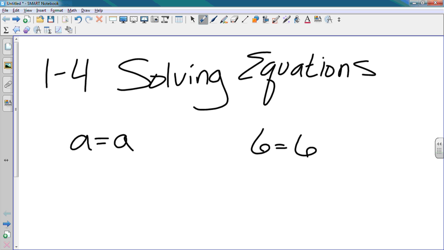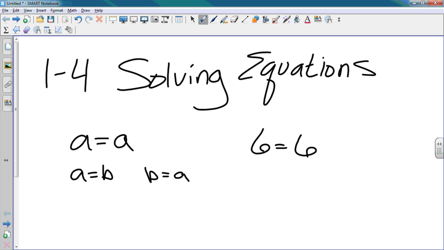Something that is kind of common sense, but we as mathematicians put the name reflexive property on it. The symmetric property says, if A equals B, then B equals A. Pretty cool.